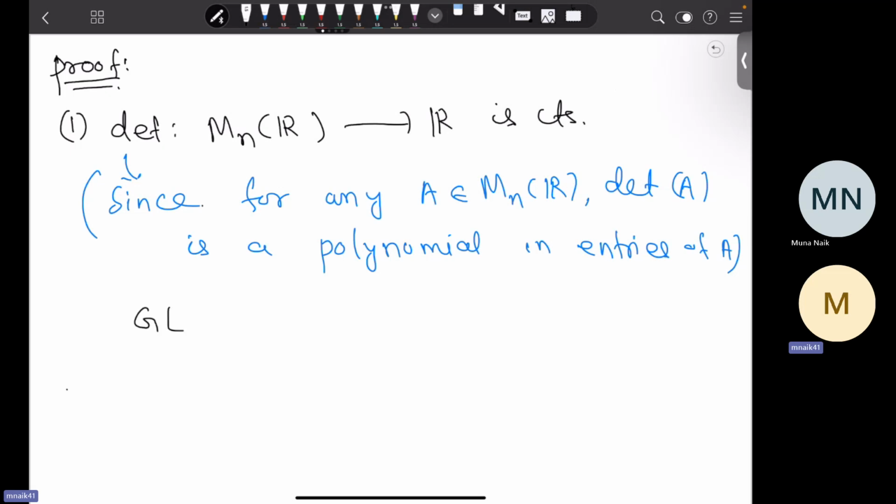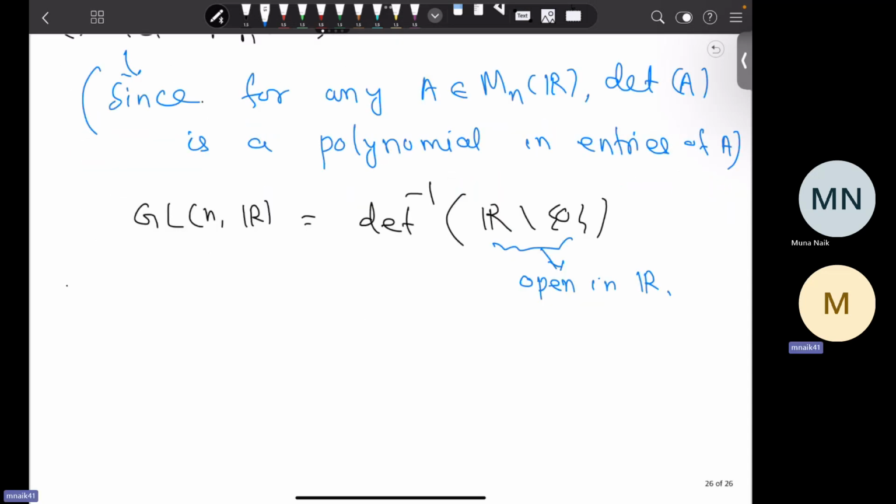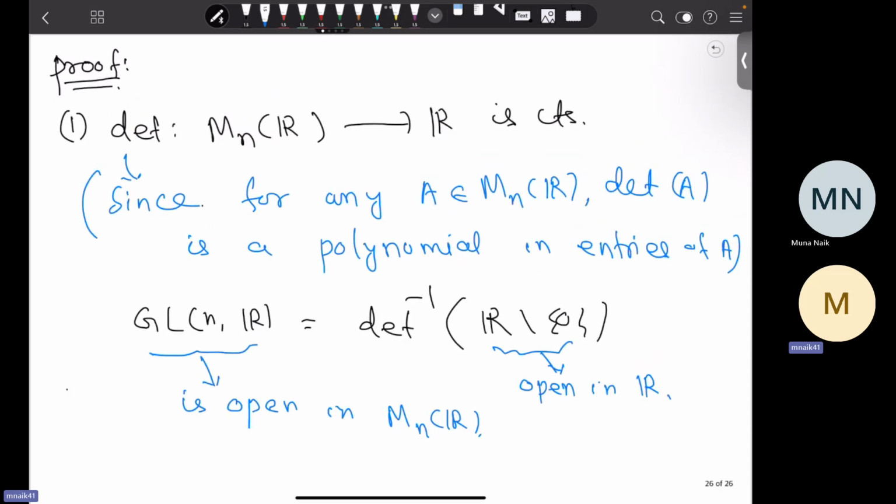And GL_n(R) is the inverse image of R minus 0, which is open in R. Since the determinant is continuous, the inverse image of an open set is open. So GL_n(R) is open in M_n(R). This is clear.